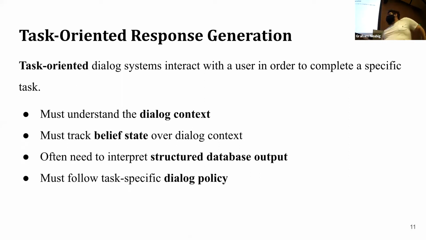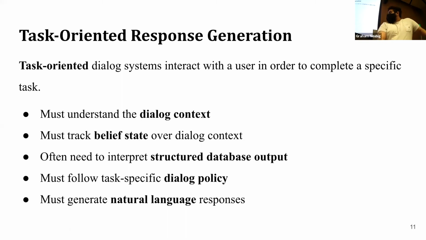And this is something that is really important in task-oriented dialogue because unlike open domain chit-chat systems where you can respond with whatever, in task-oriented dialogue, there's generally a policy that's known beforehand. And then you must also generate natural language responses.